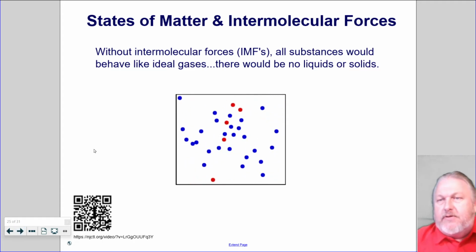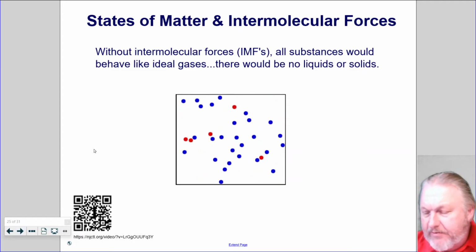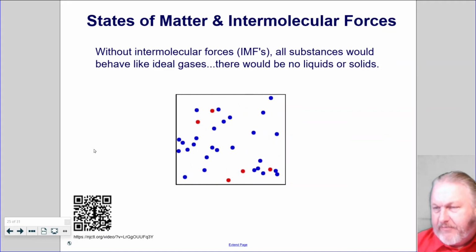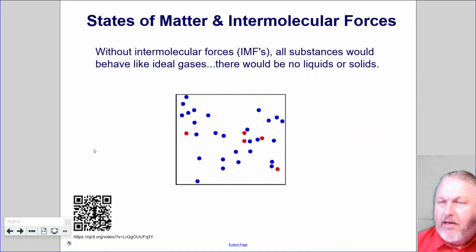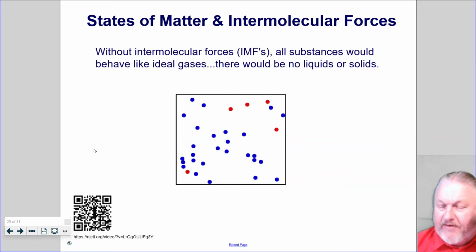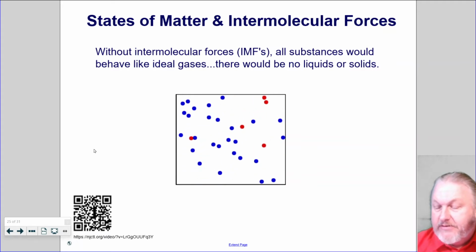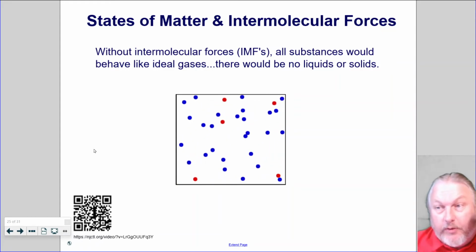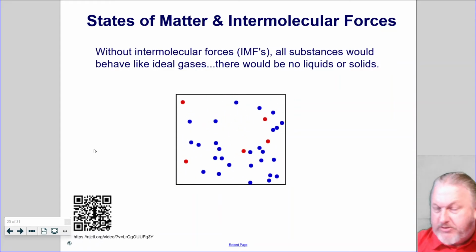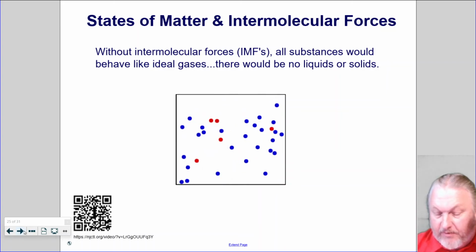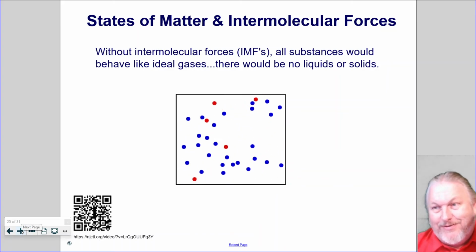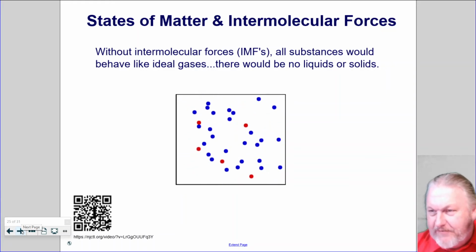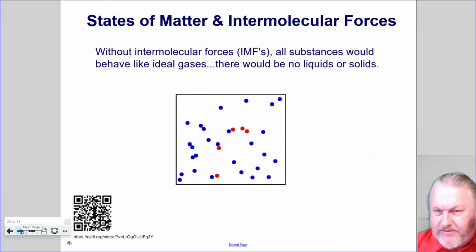Okay. So without the IMFs, or those intermolecular forces, and I'm going to start saying IMF from here on out, all substances would behave like an ideal gas. There would be no liquids or solids. We wouldn't be here. The molecules would just be moving around freely, no friction, totally elastic off each other and off the sides of a container.